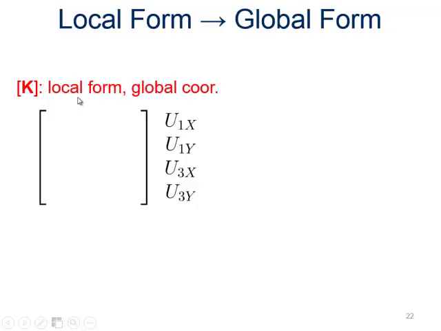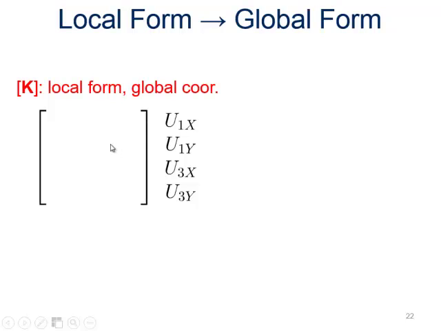Why is it the local form? Because it's only looking at node 1 and node 3 for element 3. So look at element 3 on the board. Node 2 is not showing up in here. All our matrices right now are 4x4s. We want them to be 6x6. We need to have node 1, 2, and 3 in the x and y directions.